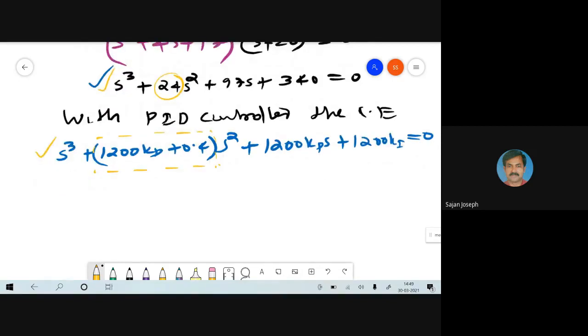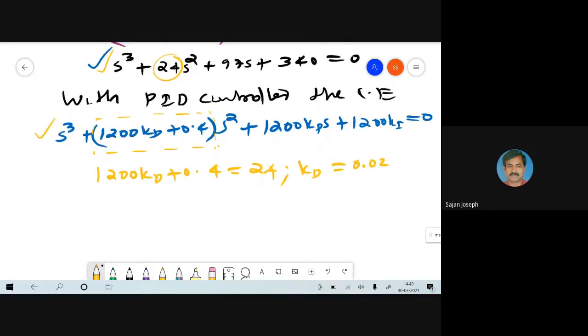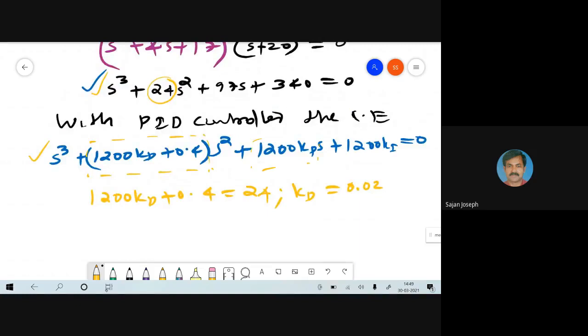Compare: 1200 Kd plus 0.4 is equal to 24, and from this you will get Kd. Calculate and tell me the value of Kd. 0.0196, which is approximately 0.02.